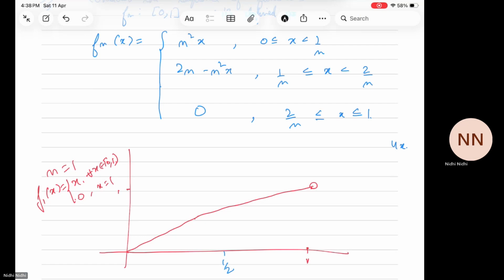For x equal to 1 by 2, this will be 2. After that, this will be something like this.